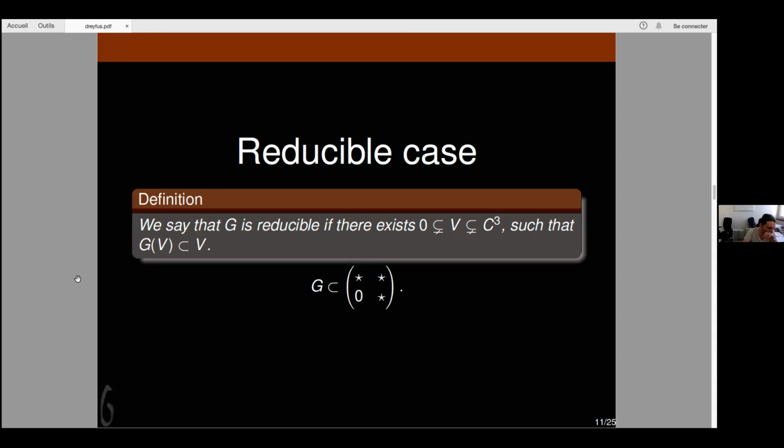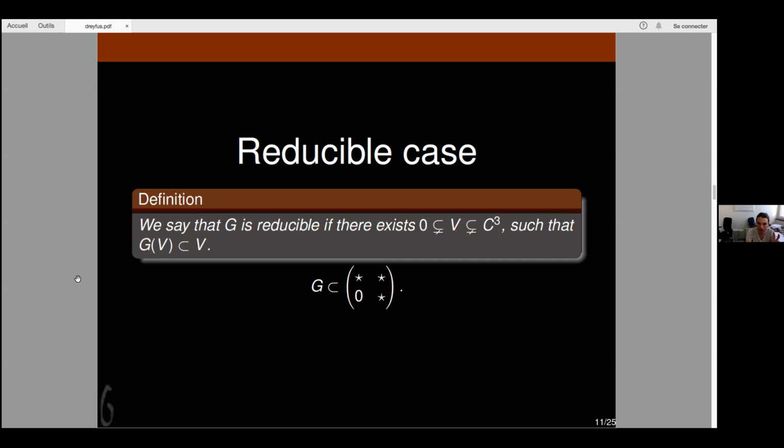So as in Hendriks' situation, let me split the study into several cases, depending on whether the Galois group is reducible, primitive, or imprimitive.